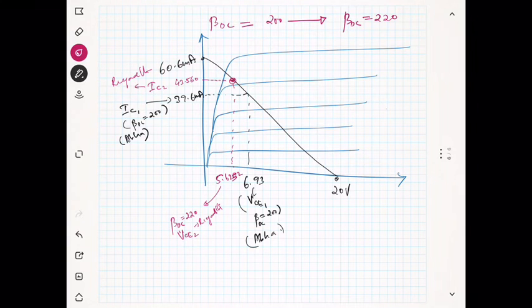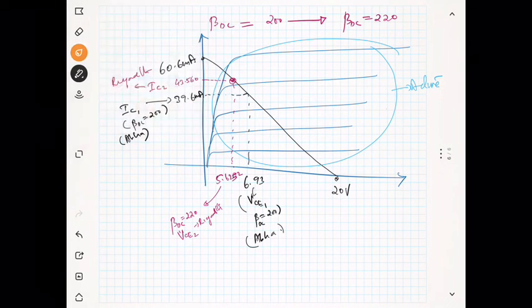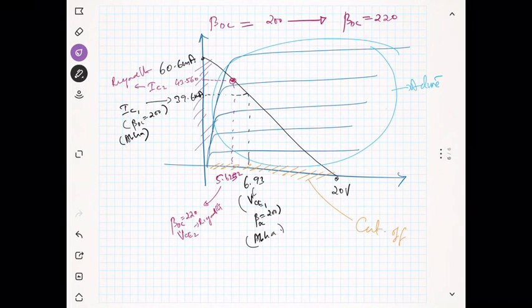You know that for a transistor, this region here is the active region, this region is the cutoff, and this region is known as the saturation region.